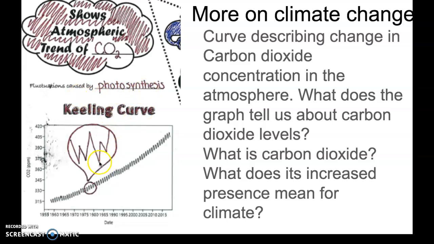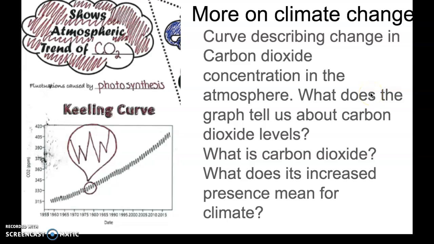So often our valleys are CO2 readings when it is summertime, when the plants are doing their thing and vacuuming in that carbon dioxide, while our peaks are typically carbon dioxide levels taken in the wintertime when there are fewer photosynthetic active organisms, plants, phytoplankton, or algae. Good, and that's what causes those peaks and valleys.